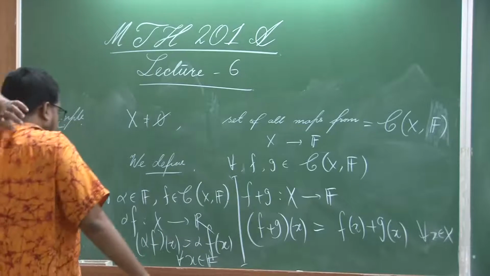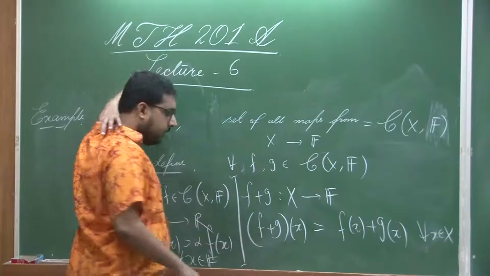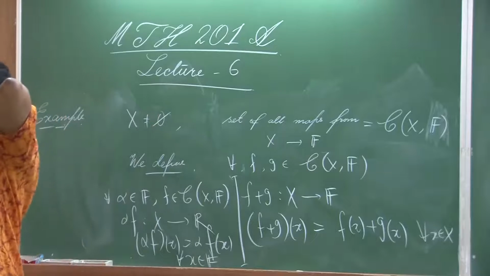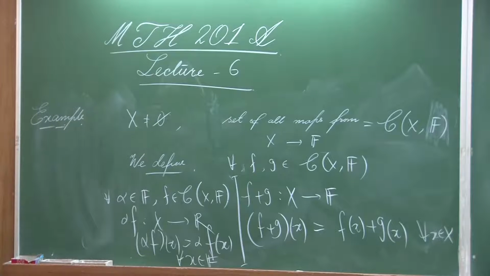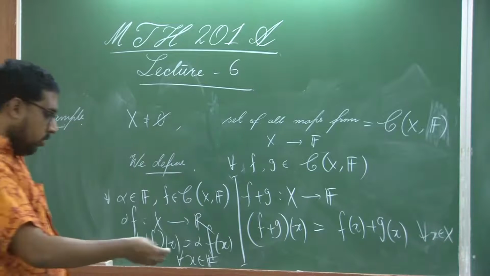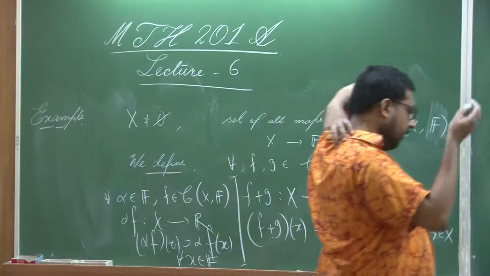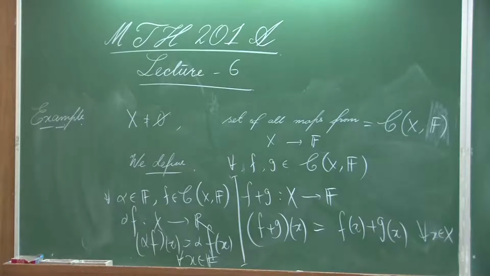And given f, its additive inverse is the function obtained by taking the additive negative of the value of the function at a given point x.